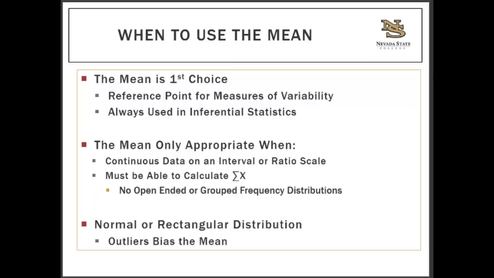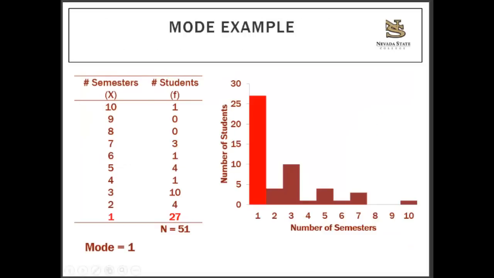So if you have an open-ended distribution, for example, if I said, how many semesters have you been at NSC? But I restricted it to you've either been here for 1, 2, 3, 4, or 5 plus. Well, 5 plus could be anything greater than or equal to 5. So if we had that in a frequency distribution table, 1, 2, 3, 4, 5 plus, and in 5 plus we would have, let's see, 4, 5, 6, 7, 8, 9.